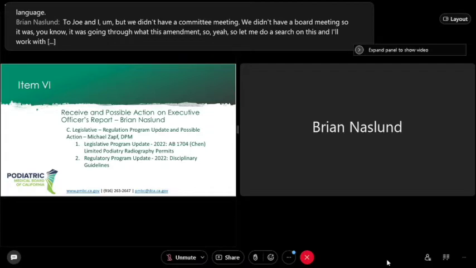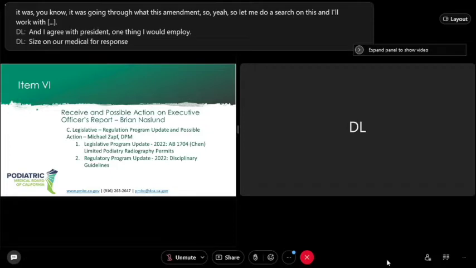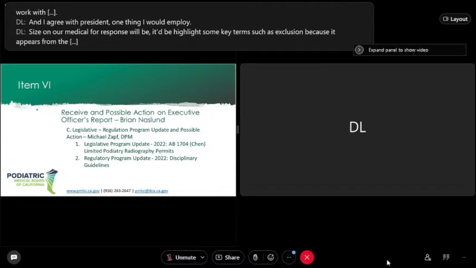And I agree with Madam President. One thing I would emphasize in our medical board response is to highlight some key terms such as exclusion, because it appears from the wording that there is a huge segment of DPMs who work in medical centers that are excluded.